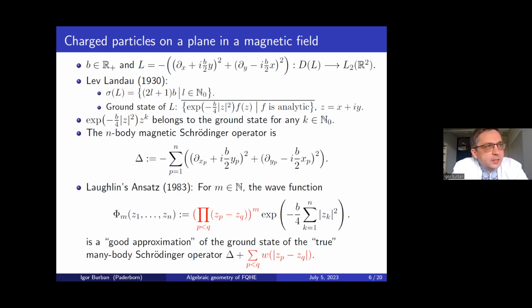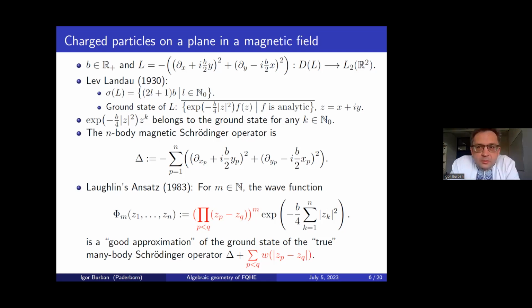Physics tells us that they are here, they cannot be ignored. But let's say if we take this prefactor, then the obtained wave function is a very good approximation of the true wave functions we actually have in physics. And well, this observation may look innocent, but it was quite striking for the further development.